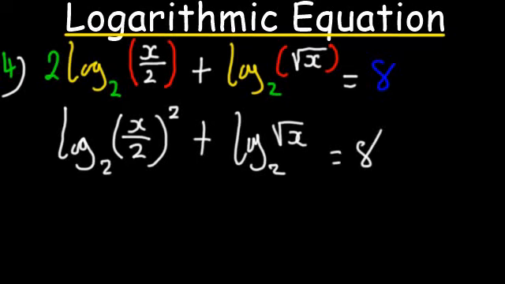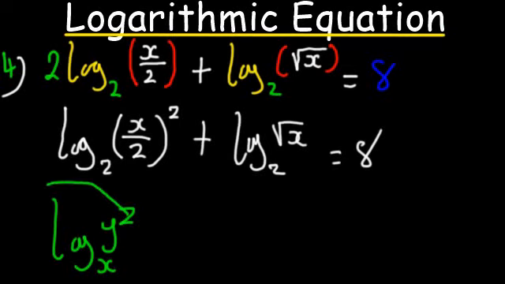Now some of you might be wondering why I actually turn into that. I make use of one of the identities of logarithms, typically the power identity of logarithms, which says that if you have a log of a certain base, let's say x to y, such that y has an index z, this z is allowed to come to the front of the logarithm and it will be acting as a whole number, such that it will be multiplying the log of base x to y.